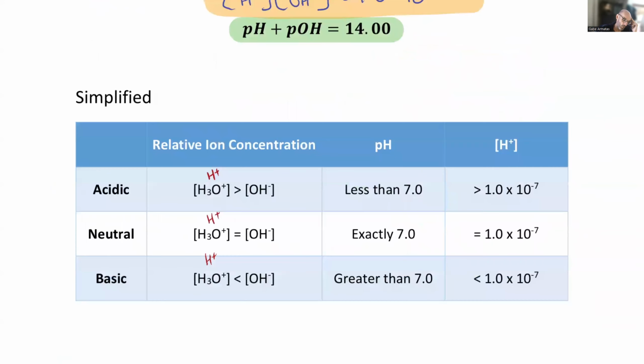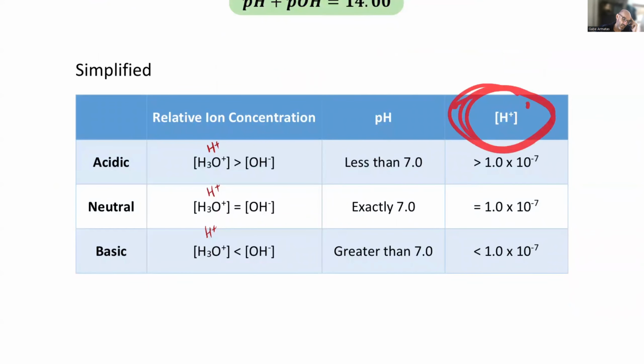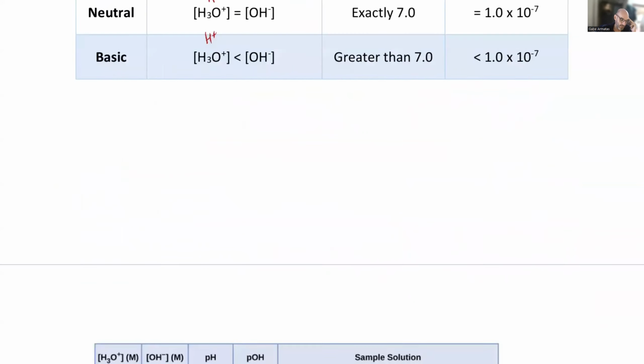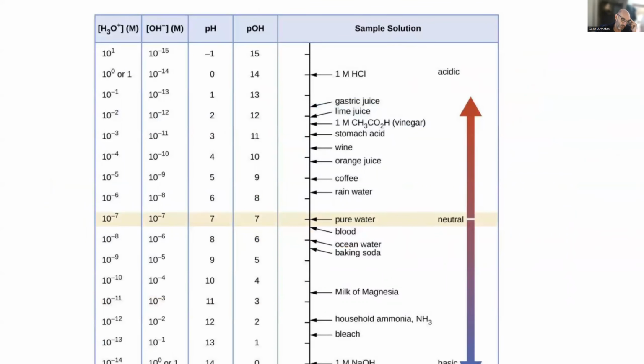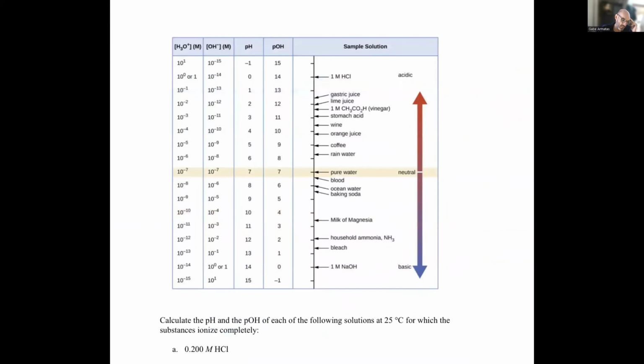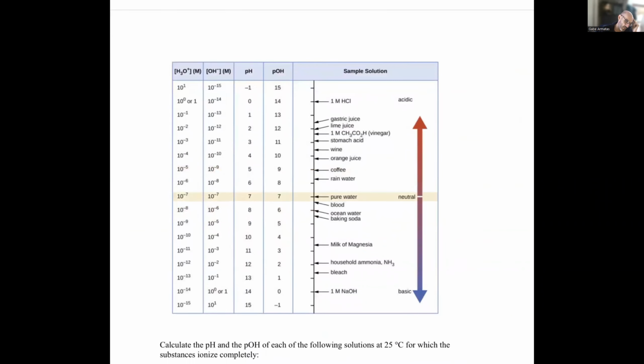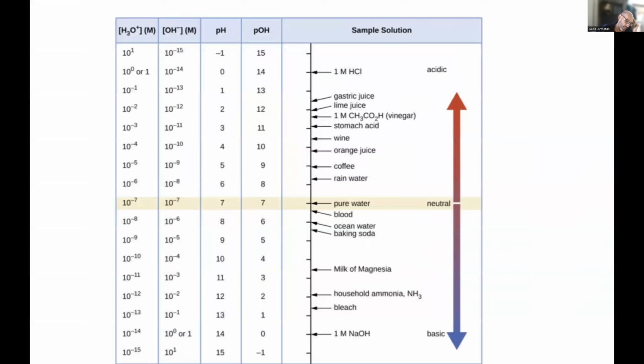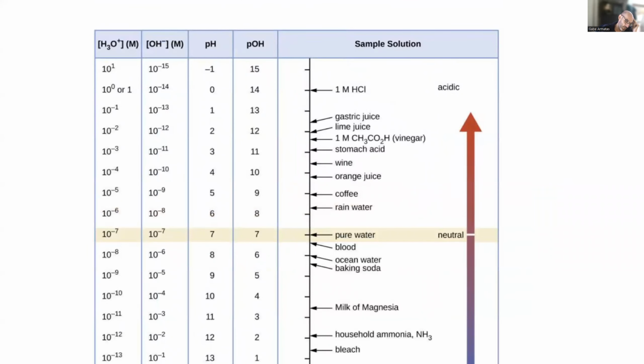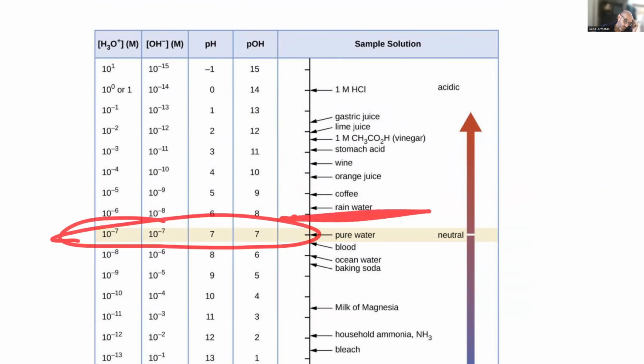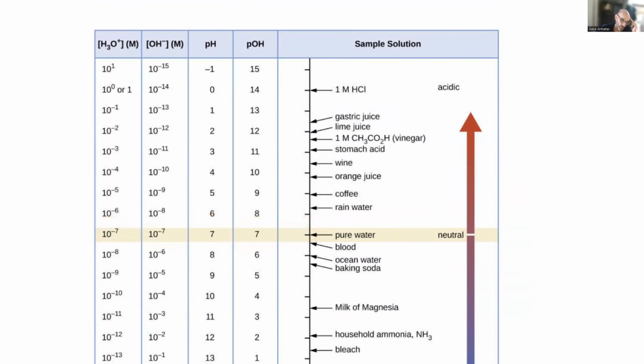So we're always looking at the concentration of H plus, because that's what we're comparing these things to. So here are different pH values, and we can see the pH of samples. Pure water has a pH of 7. Rainwater, coffee, orange juice, wine, stomach acid, all of those are pretty acidic.